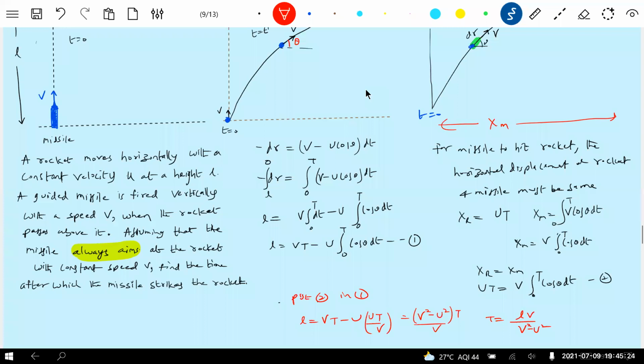What is the basic necessary condition? V must be greater than u, no? Then only it is possible. Time should be positive.